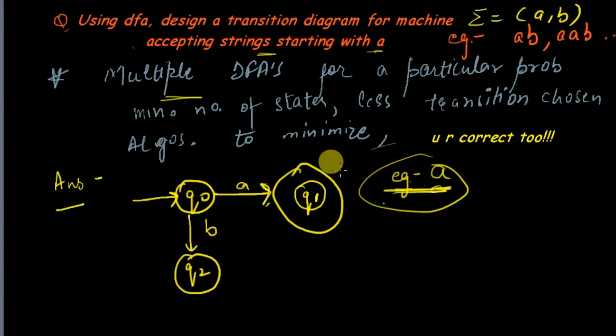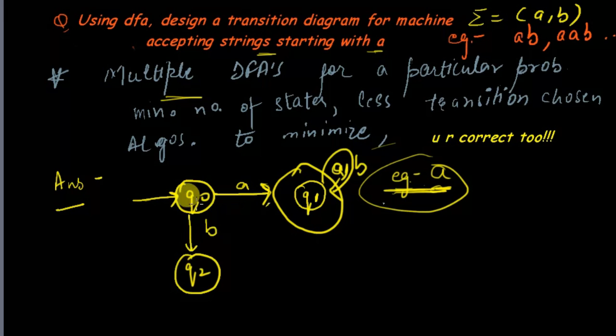But as I said, a DFA has states which give the next states for the inputs. So if I'm on Q1, I must provide the next state for the inputs A and B. So my string which starts with A should end on this final state only, so that at last I can accept that string.